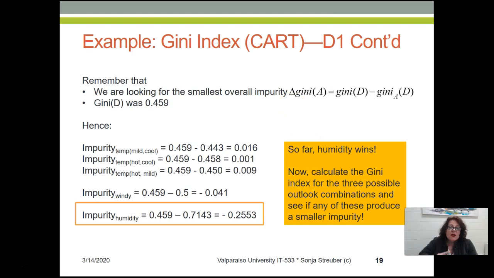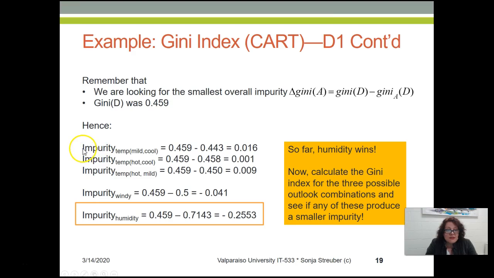Well, remember that we're looking for the smallest overall impurity, because we're going to maximize our purity and minimize our impurity. Our overall Gini for the data set was 0.459, so what we want is a really large number to subtract here to minimize this.